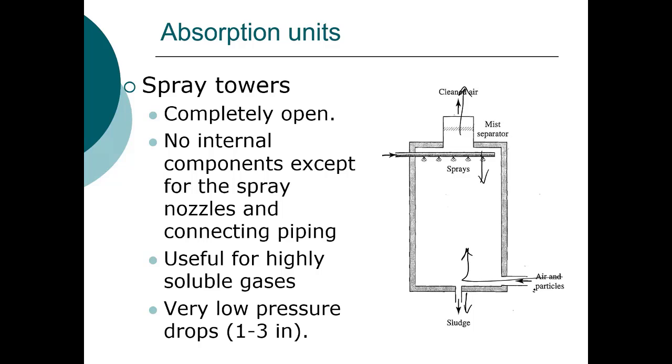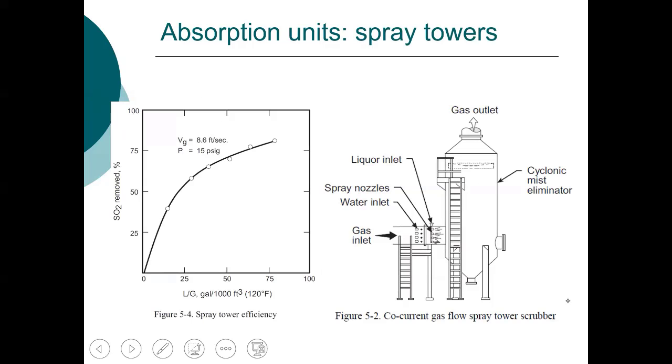So this says particulates here, but it's whatever chemicals we're looking at removing. The graph on your left gives you an idea of how the liquid flow rate, so L being the liquid flow rate, G being the gas flow rate, how that ratio affects removal.